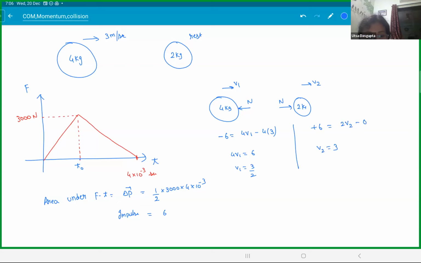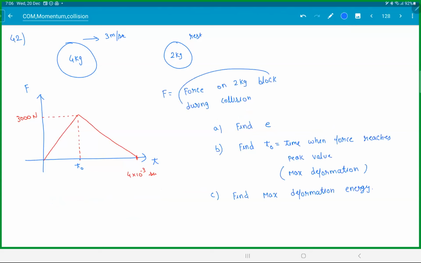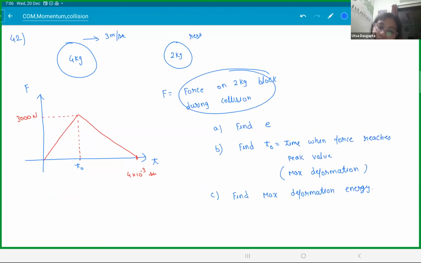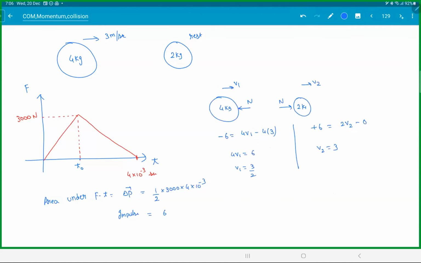Getting it? But it's not the change in momentum for the whole system. Why whole system? What is F? Force is on what? Okay, on the 2 kg. If you take the total force, it will be 0. So v2 and v1 we got. Now restitution e is equal to v2 minus v1 by u1 minus u2. v2 is 3, v1 is 3 by 2, and u1 is 3. So half.